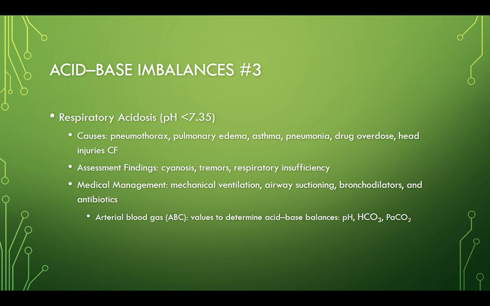Causes also include pneumothorax, pulmonary edema, asthma, pneumonia, drug overdose, head injuries, CSF, cerebrospinal fluid. Assessment findings: cyanosis, tremors, and arterial blood gas values determine the acid-base balance: pH, HCO3, and PaCO2.